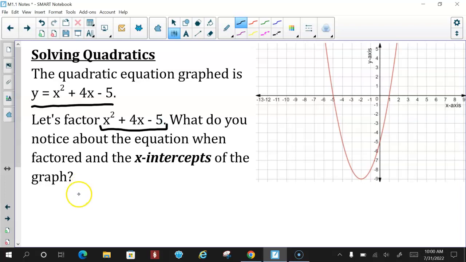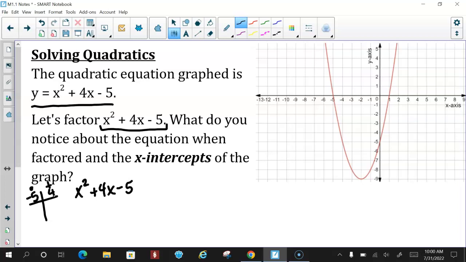And here we go. So I've got x squared plus 4x minus 5, right? So notice how the a was 1, so I could just go ahead and set up my table. So here I've got what numbers multiply to get you negative 5 and add to get you 4. So notice how we are multiplying to get a negative, so one has to be negative, one has to be positive.